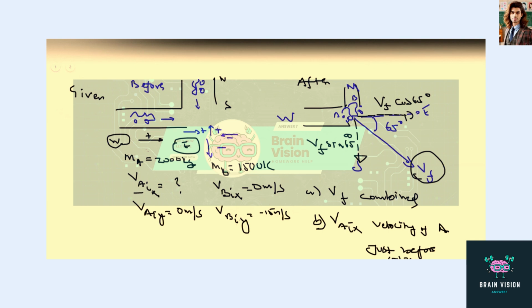Sorry, we have to do it in the Y direction, not the X direction, because we don't have the initial velocity of A. You can see we don't have this one. So we have to go back and do it in the Y direction. So we're saying initial velocity in the Y direction. This is not X, we are going to do Y.